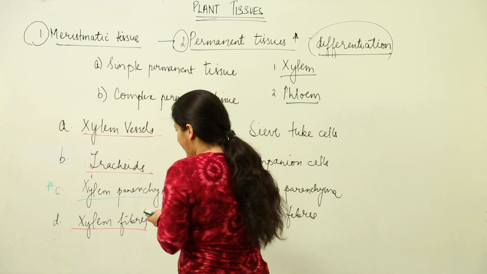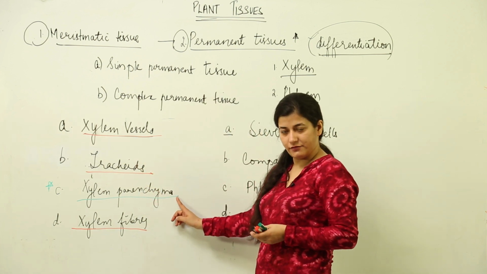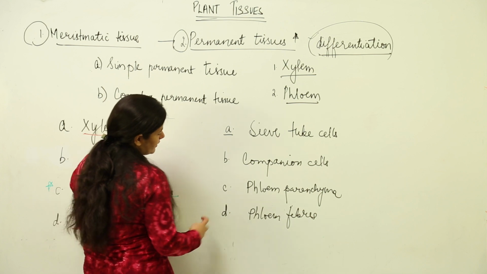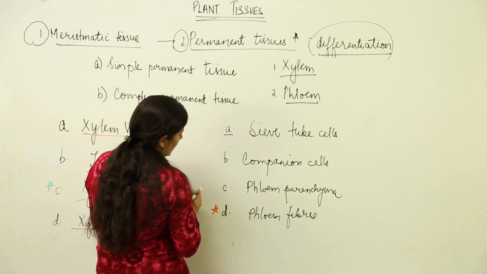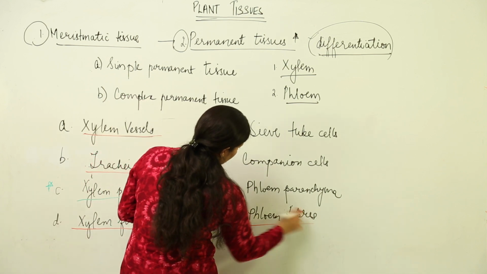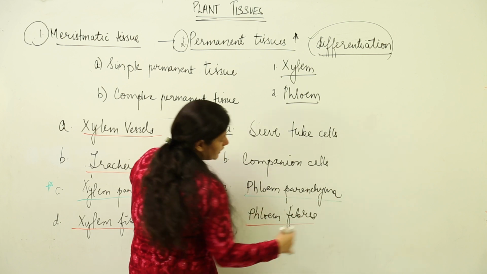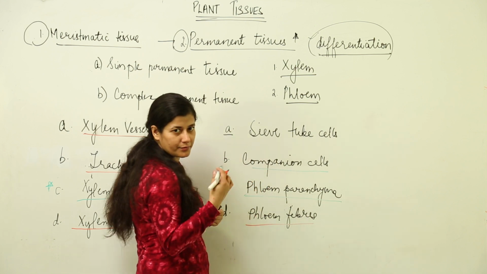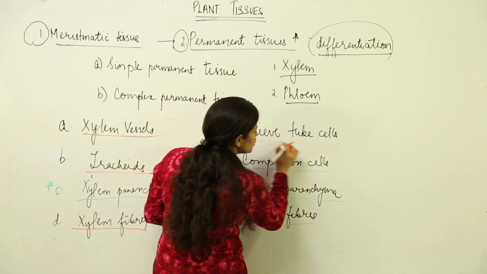Now, as in this case, we had one part that was living, over here we have one that is dead and the rest are living. This one is also living because it is parenchyma, it is bound to be living. Companion cells are living, they have a particular nucleus. Sieve tubes are living.